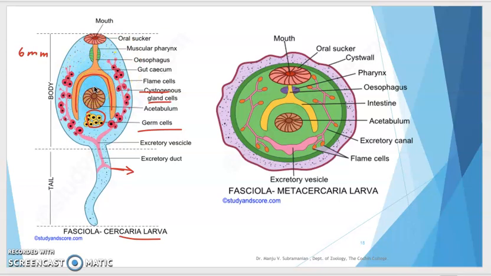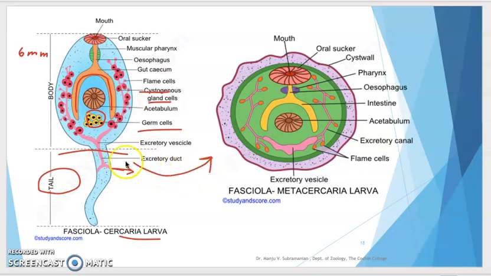Then, unlike the redia, the Cercaria larvae does not reproduce, and it swims. Since it contains a tail region, this Cercaria larvae swims by lashing its tail and settles down on some water plants, and it loses its tail region.